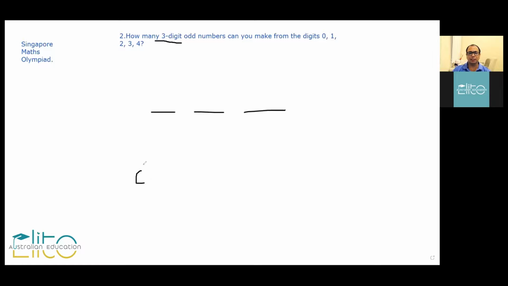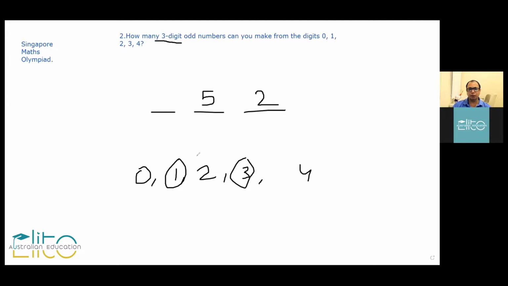The numbers remain the same: 0, 1, 2, 3, 4. Which numbers can we put in the third space? Only 1 and 3. So we put there 2 choices. Which numbers can we put in the second space? Anything. We don't really care. So 1, 2, 3, 4, 5 choices. And now for the first space, we cannot put a 0.